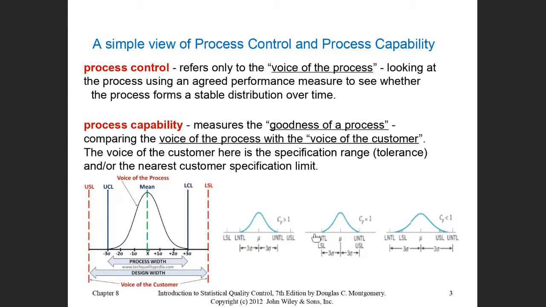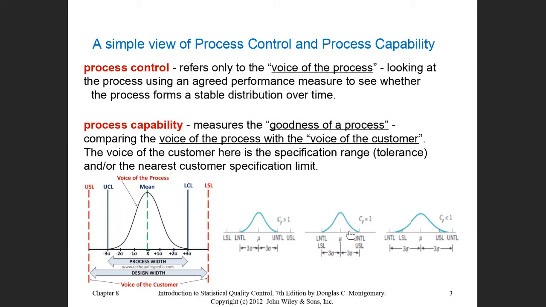This is the ideal case. Here, on the other hand, on the right side is the worst case, when your natural tolerance is wider than the specification. That means every time your regular performance is not meeting the specification that is set by the customer.